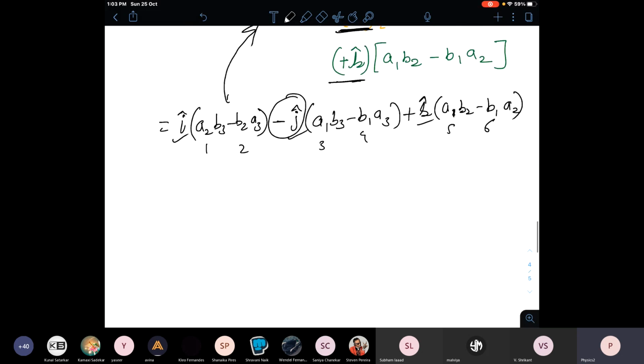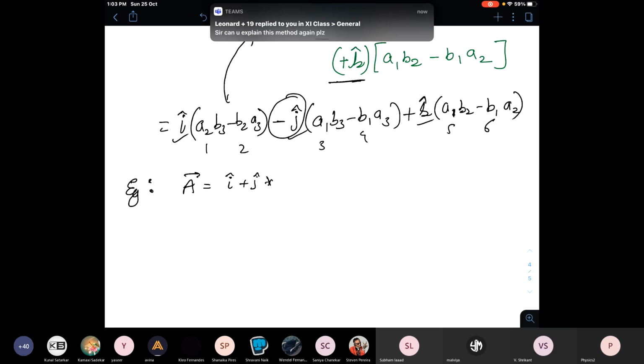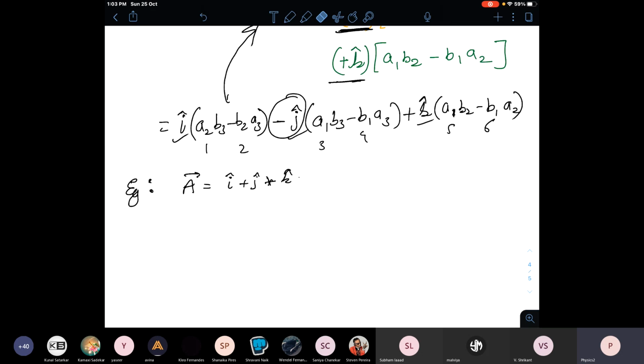I will do one example, and another example you will have to solve. I will use a very easy example, and I will give you a difficult example. Don't worry about that, that is how the world works. So i cap, j cap, k cap. I will explain this method using numbers now, not variables.